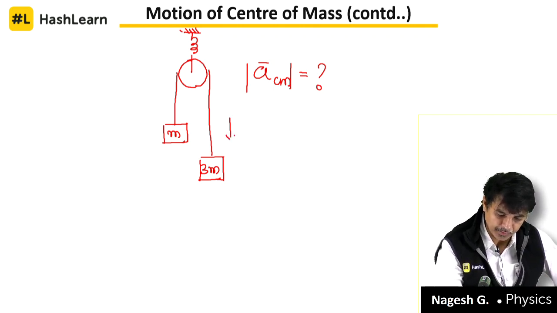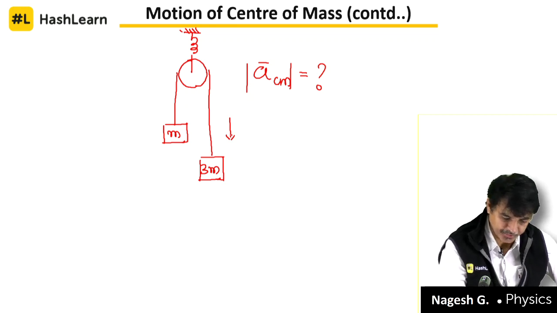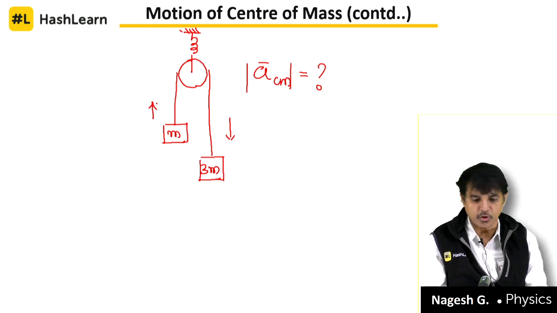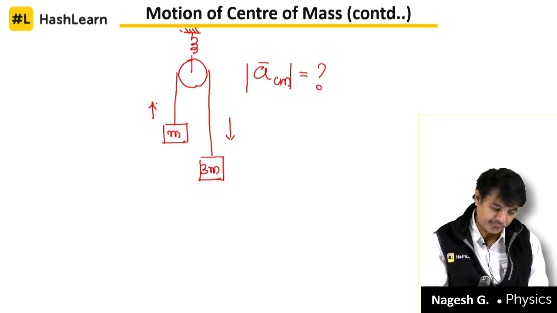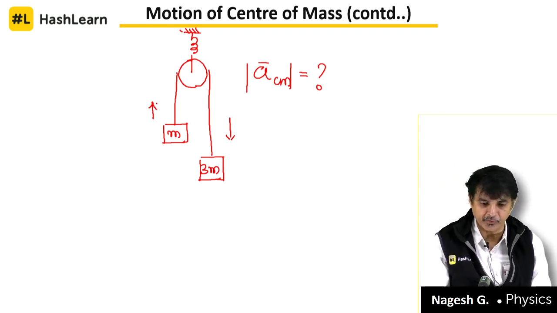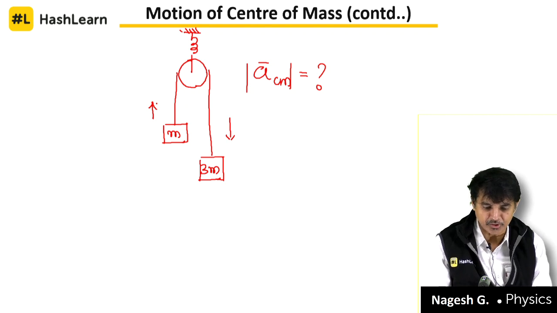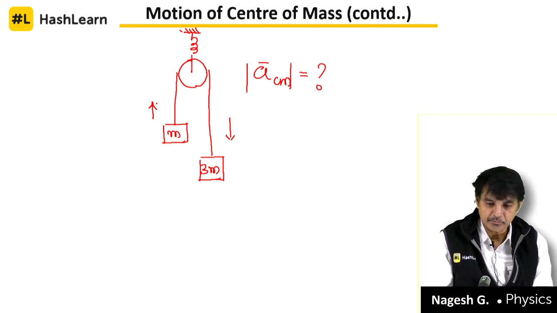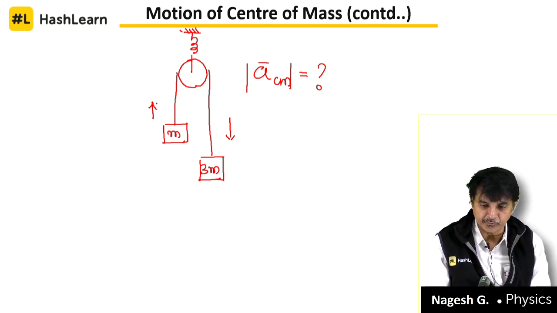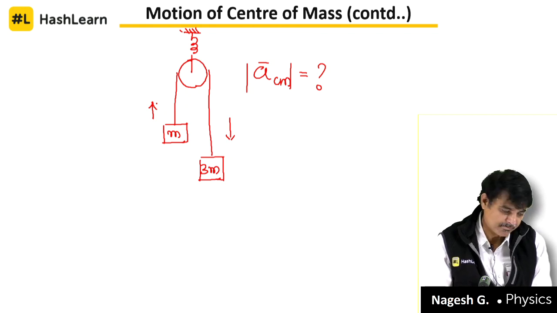We know that 3m will be moving in the downward direction, m will be moving in the upward direction. Now your time starts. I want the acceleration of the center of mass of this two block system connected with a pulley through a spring. Find the acceleration of the center of mass of the given system.